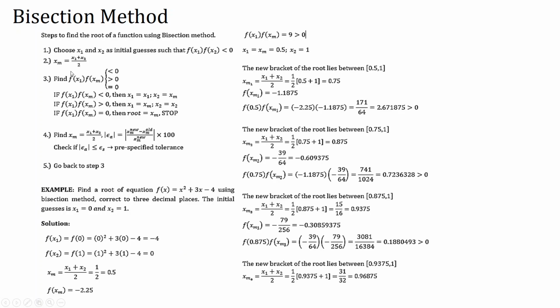Okay, so we continue to the next step of this procedure. xm is x1 plus x2 over 2, so that is 0 plus 1 over 2, that is 1 over 2, or 0.5.